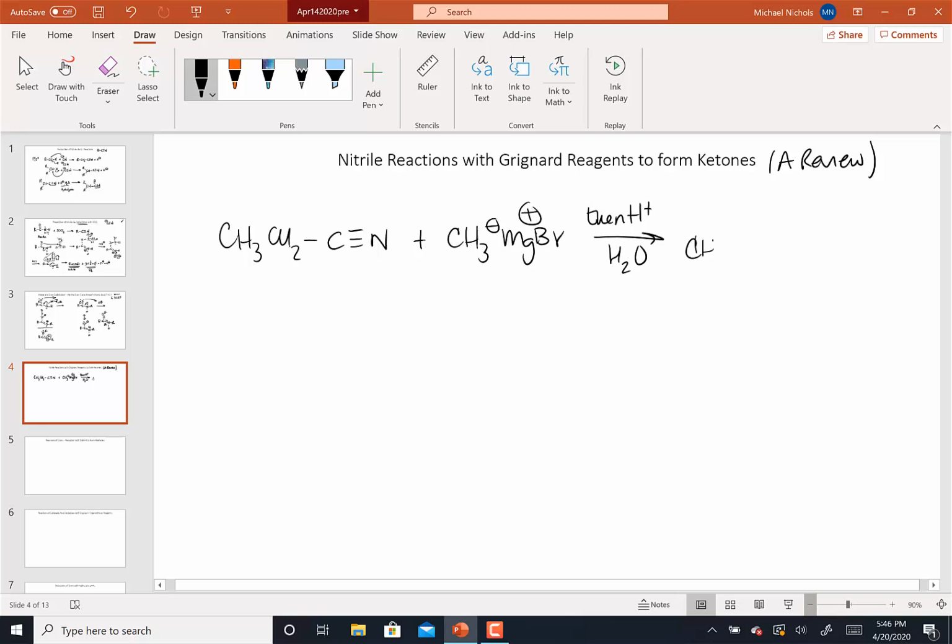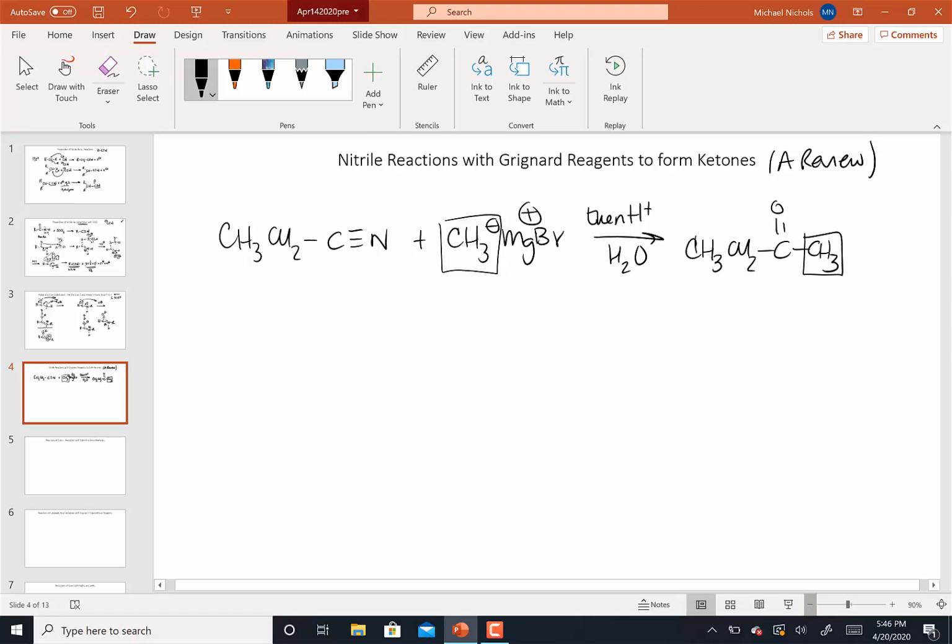I make the ketone, where the alkyl group came from the Grignard. What's the mechanism for that reaction?